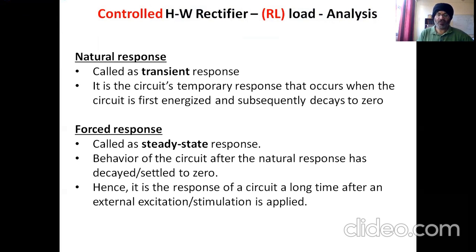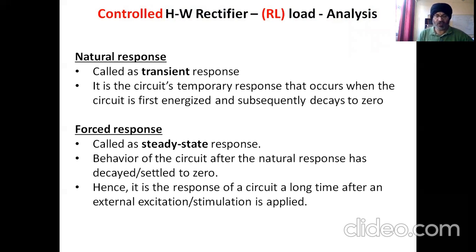For a small time the gate trigger was applied, so some excitation was applied to the circuit, and slowly it responded, reached the maximum value, and slowly decayed back to 0. So that response also we have to take into consideration.